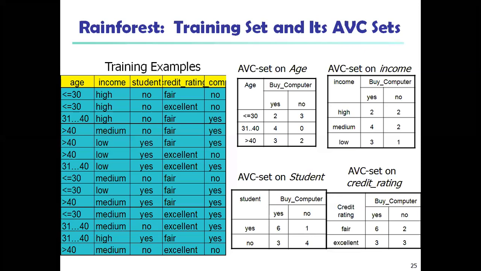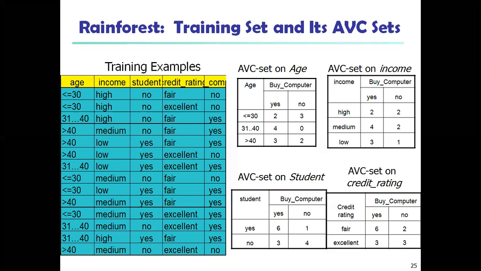Next one, AVC set on income. Income is high, medium, or low, so totally you have 3 values. How many highs are there? Totally you have 4 highs.